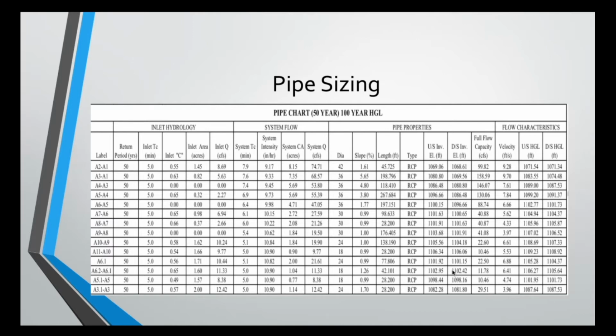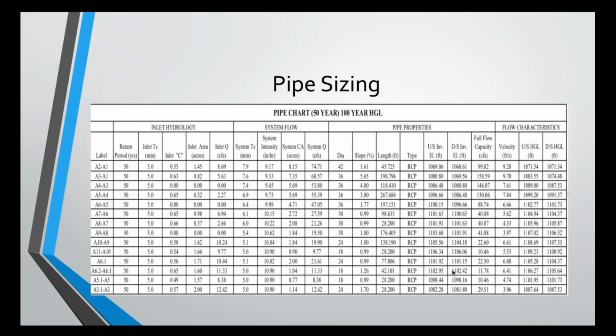To design the stormwater pipes, a 50-year storm is exported into Hydraflow Storm Sewers, known as HSS.